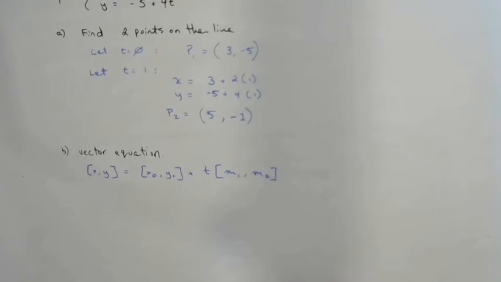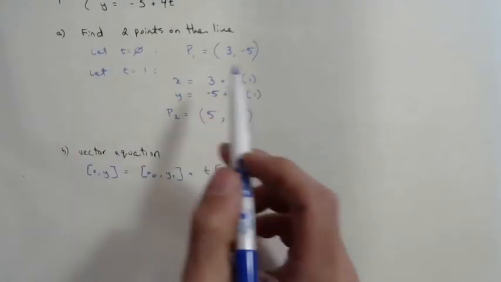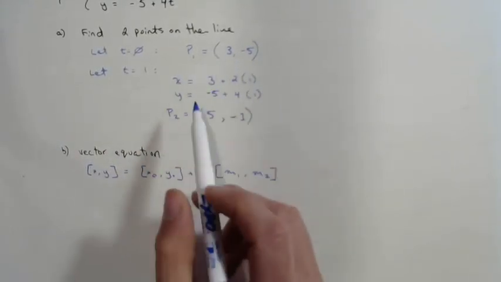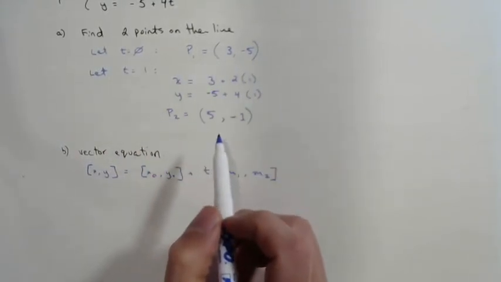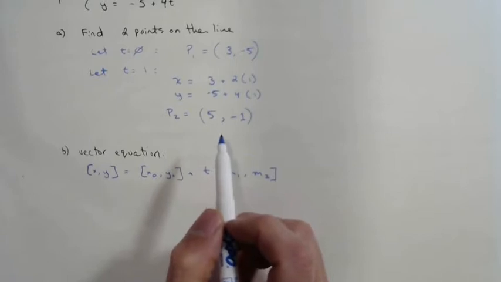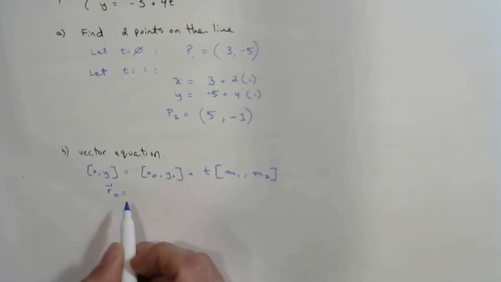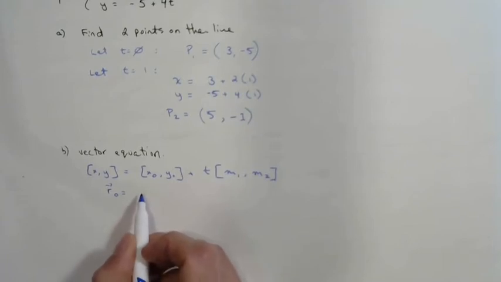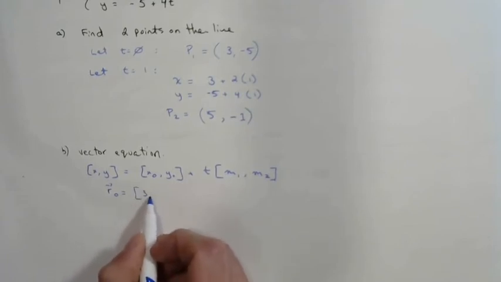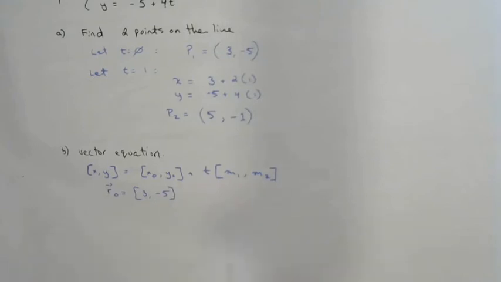And so we are going to choose any one of the infinite number of points that we can make to be our position vector. Okay, so our position vector we could choose r naught equals 3, -5.